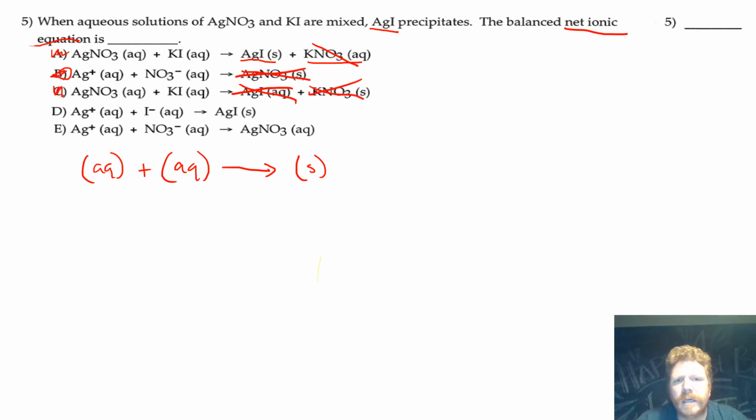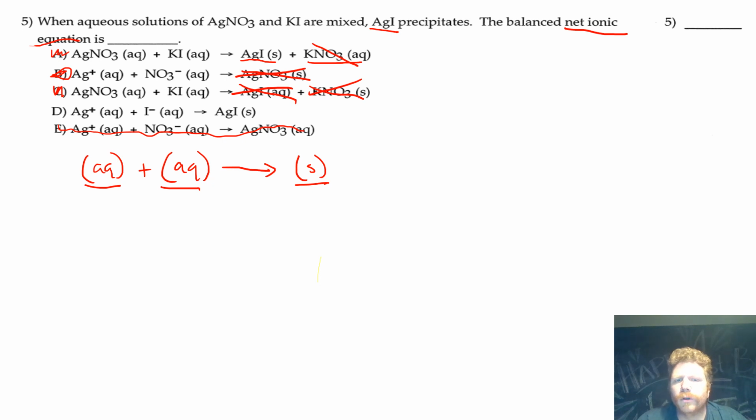Now we're left with D and E. Okay, so again, our goal is to add an aqueous substance, another aqueous substance, and form a solid. When we look at D and E, we've got aqueous forming a solid. Now answer option E, aqueous plus an aqueous, forming another aqueous. So that's all going to be taken off the table.